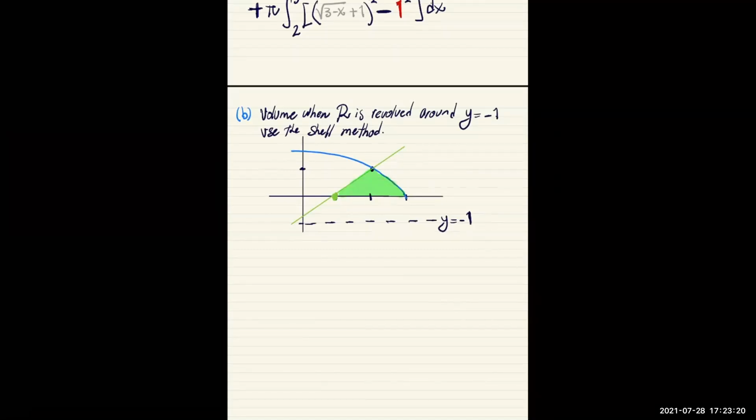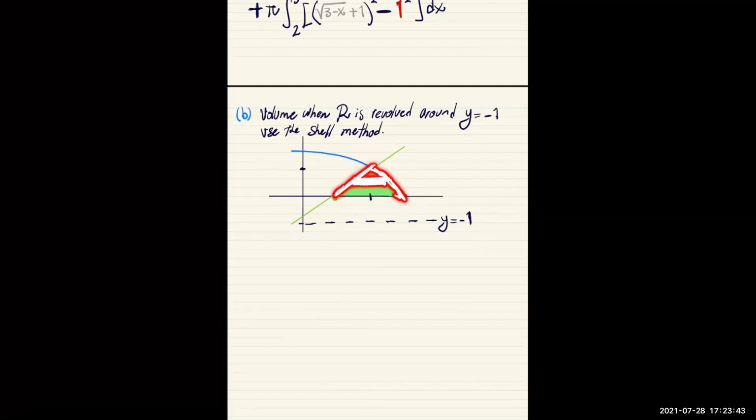The good thing about taking a horizontal strip is that the height of the shell, or the length of the strip, is always going to be consistent. Right is always blue and left is always green.